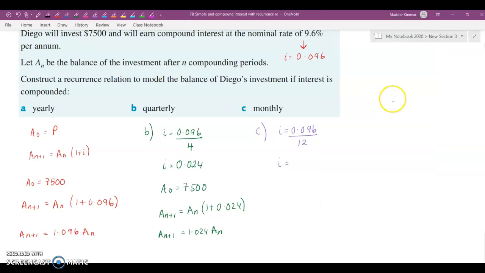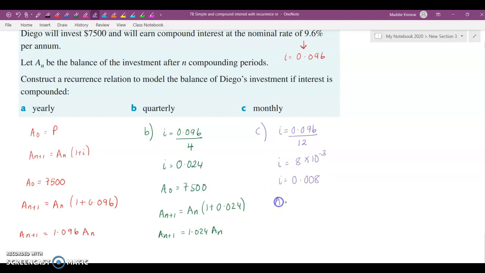That means I have 0.008. I divide 8 by 10 three times, which means my decimal point moves 3 places to the left. So that is now my new interest rate.